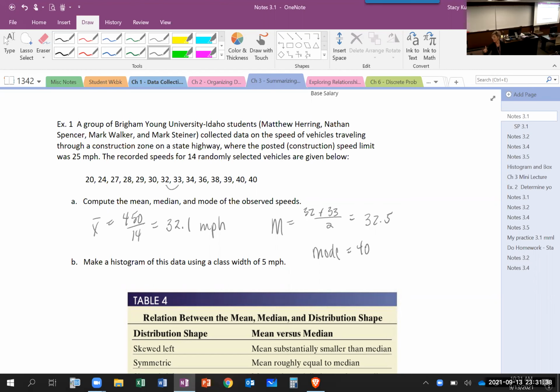Because the median and the mean are pretty much equal. All right, again, this is real-world data, so it's not going to be exact, but we would expect this histogram to be normally distributed because the mean and the median are pretty much equal here.